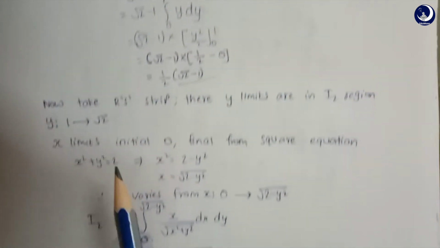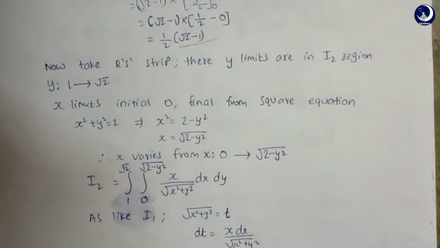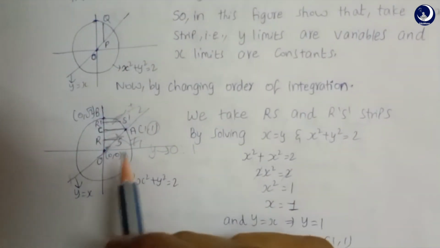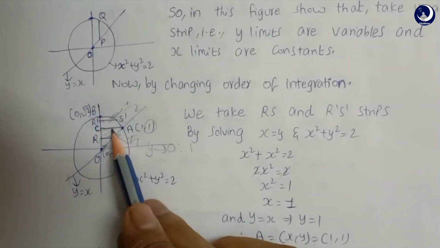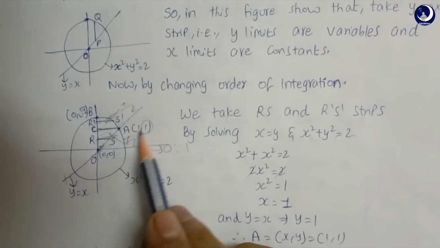Now take the R dash S dash strip; its y limits are in the I2 region. I will tell you how we took the y limits. If you see this, for the I1 region we initially took 0 to 1.